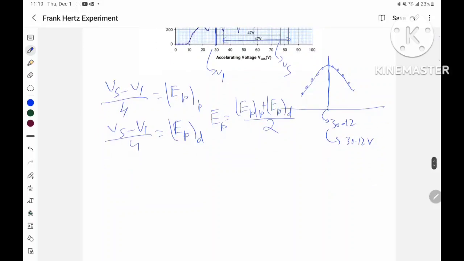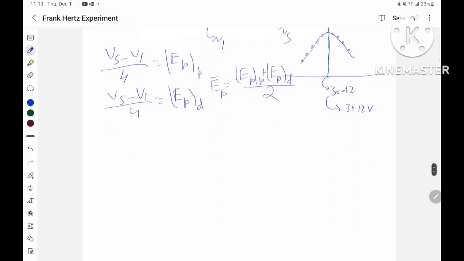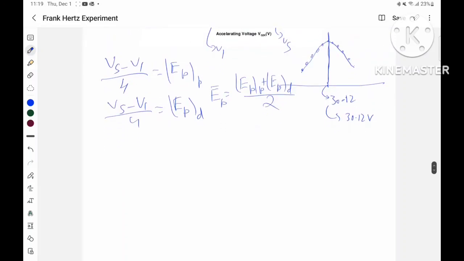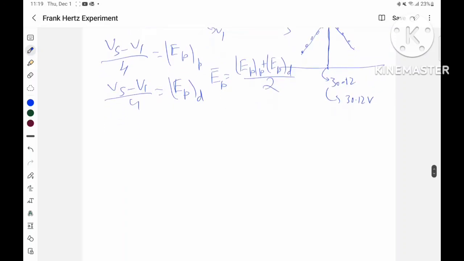So this is how you will get the excitation potential, and once you have this excitation potential, you also need to calculate the error in your calculation, which is delta EP. So now let us see how to calculate this delta EP.